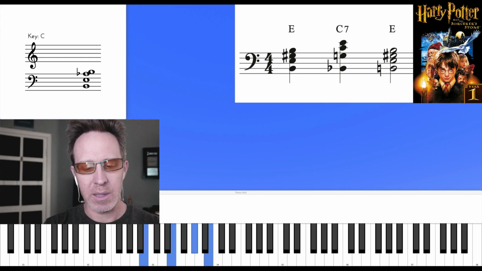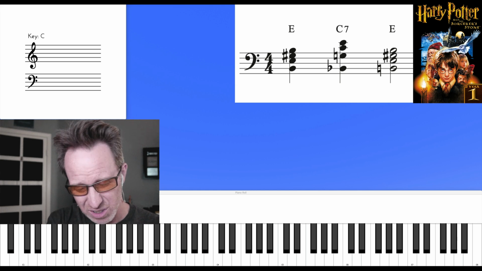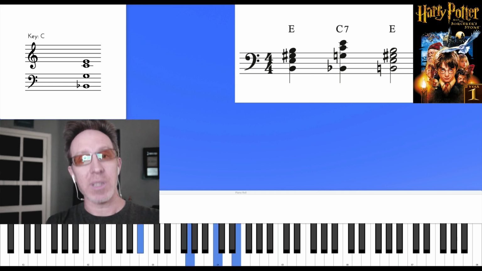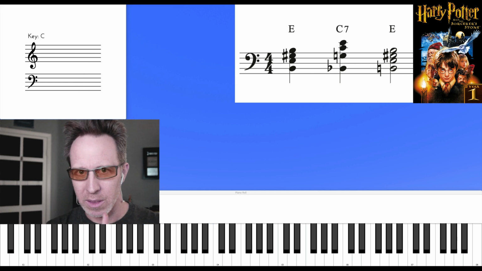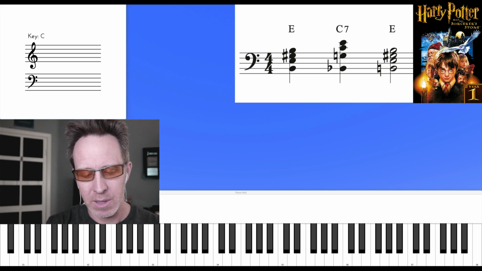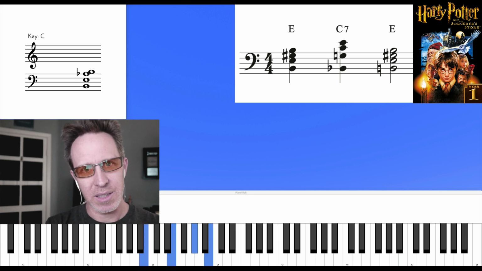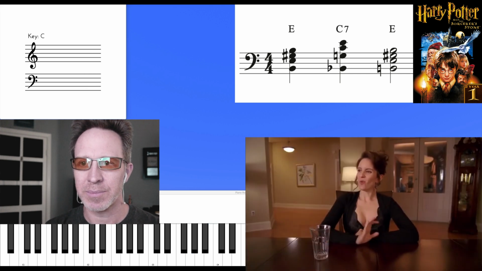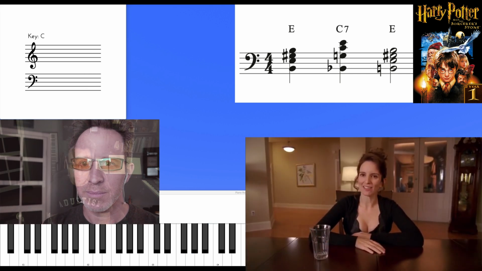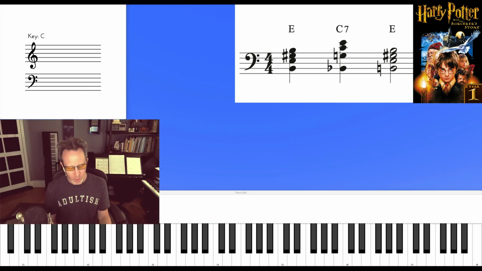This E, even though it's actually this, that's what's in the score. But to illustrate the concept, E to C7, sharing the common tone of an E to here. So, we have so much in common. And it's those common tones that make mediant movement so pleasing to the ear.